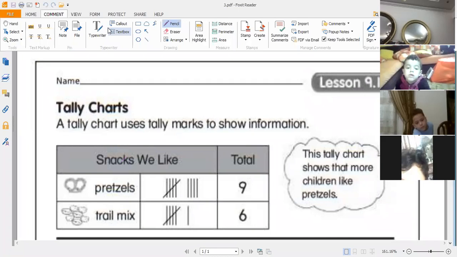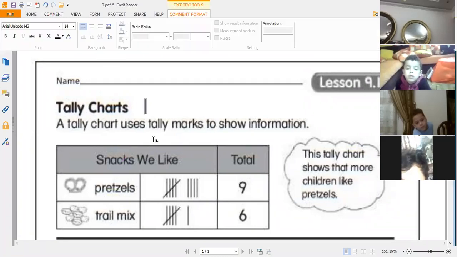There's a difference between the tally chart and the tally marks. We call this a tally chart because we use the tally marks inside it.